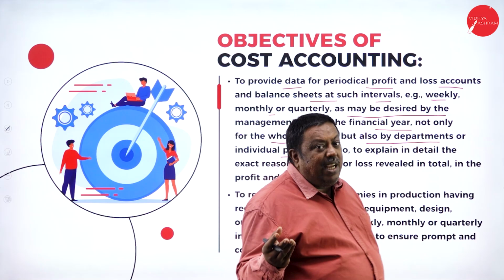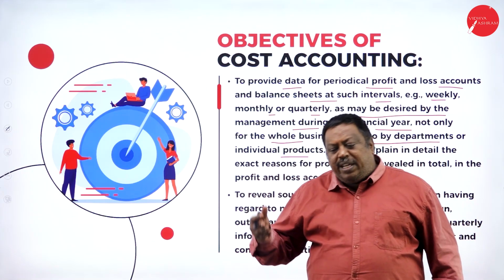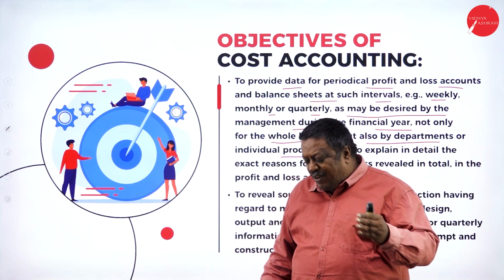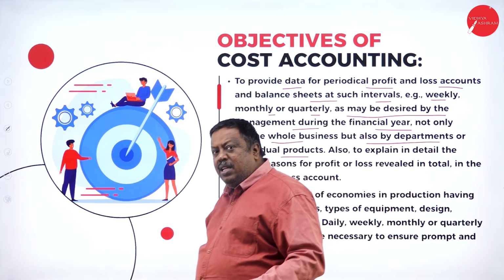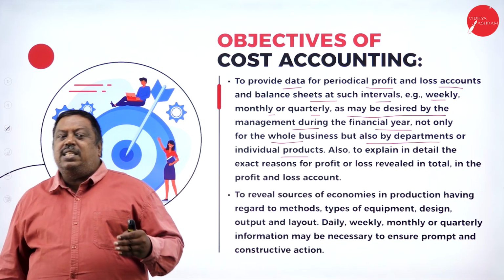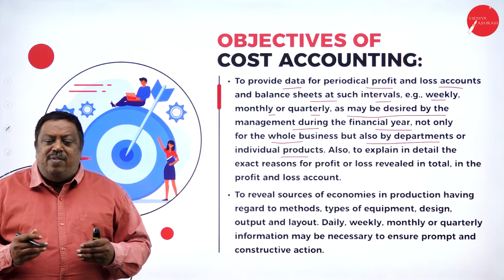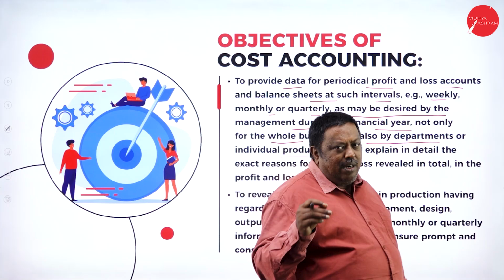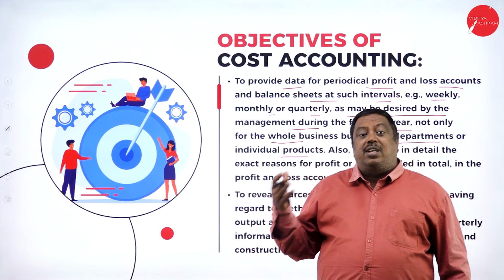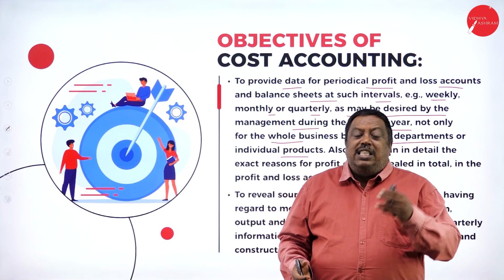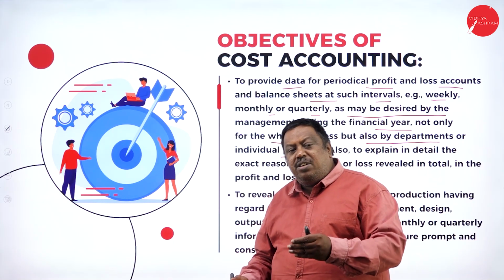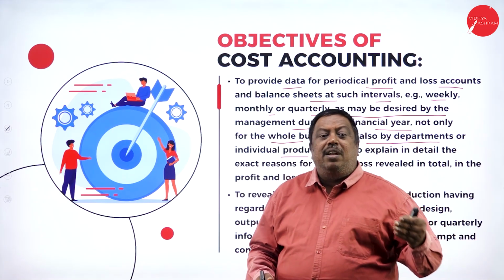It may be weekly, for every 7 days we can know what amount of expenditure is incurred. For example, in a construction department, every Saturday they check what amount of labor should be paid, what amount is required for next week's production, and whether last week's purchases, the cement or the raw material, have been used properly or not.